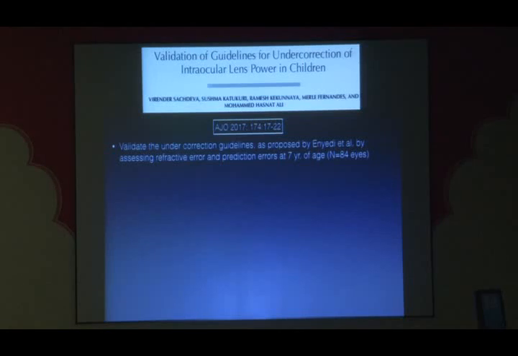So the major fallacy, probably, was that we didn't really have a validation; everyone was doing it, but how much it really boils down to the post-operative results, we didn't know. So of late, there has been a very recent 2017 paper where the guidelines were validated, and they found that it works quite decently.